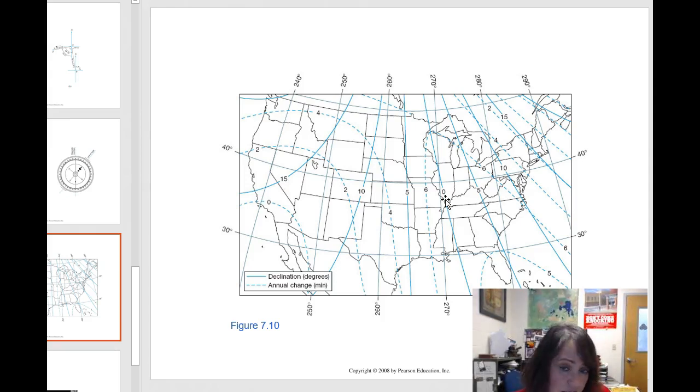So that is a line without a change in angle, and that is referred to as the agonic line. So the agonic line is essentially up the river, essentially coincident, I guess would be the best way to put it, with the Mississippi River Valley, or let's just say with the Mississippi River.